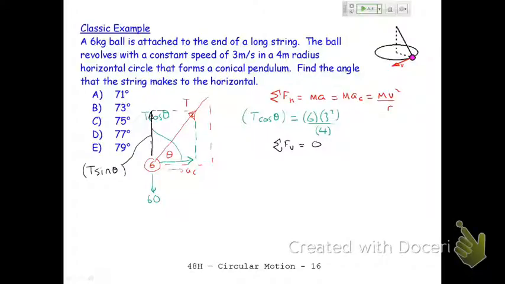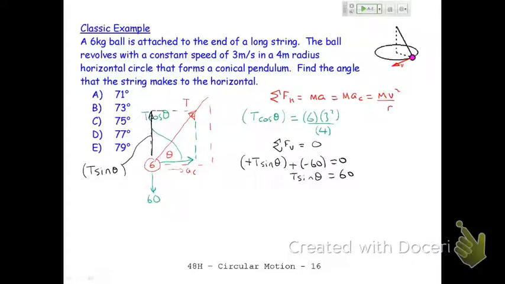So vertically, I'm going to say plus T sine theta added to minus 60 is equal to 0. So T sine theta is equal to 60.